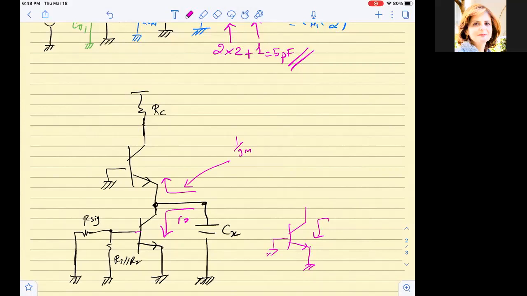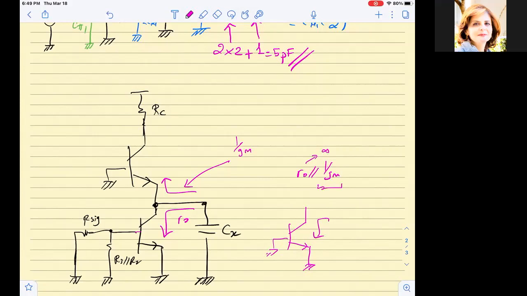So it will be RO parallel to 1 over Gm. And RO is infinite, I think, so it will be 1 over Gm, right? RO is infinite for both transistors, so it will be 1 over Gm.